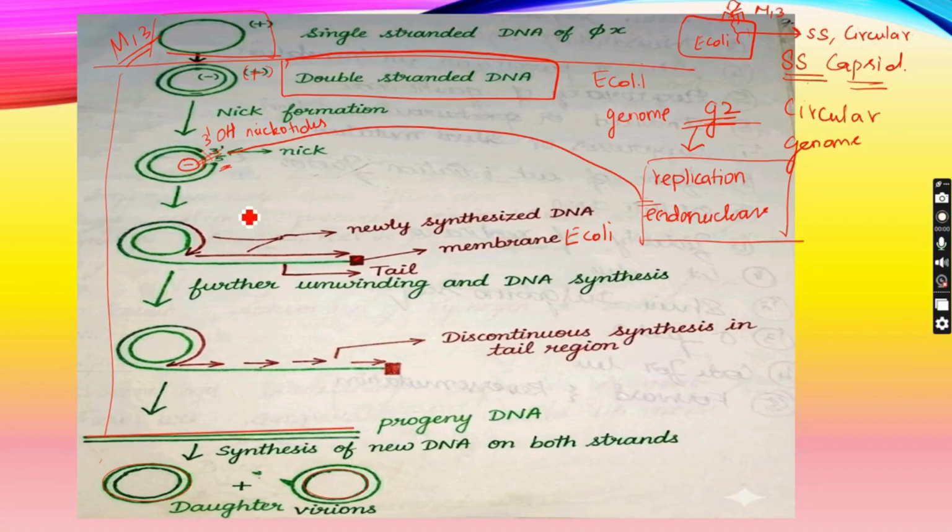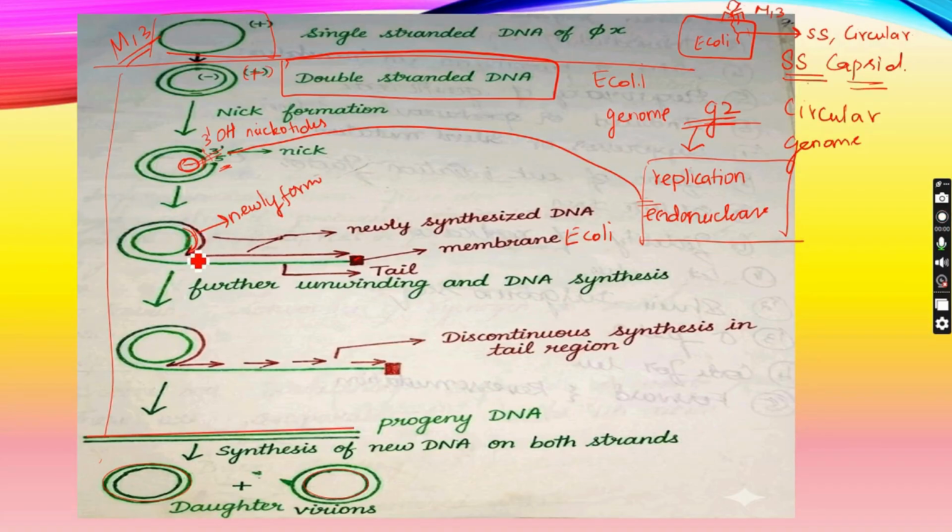So the nucleotides in the E. coli are going to be added here. From the E. coli, the nucleotides are gathered and added onto this 3' end in the presence of the negative strand, a replica of the positive strand. A complementary strand is going to be synthesized from the 3' end. Therefore, it is a newly formed strand.